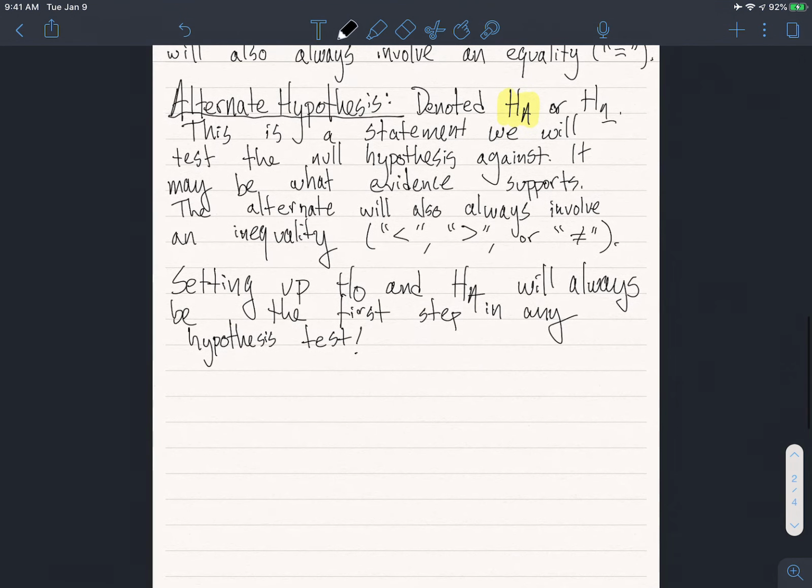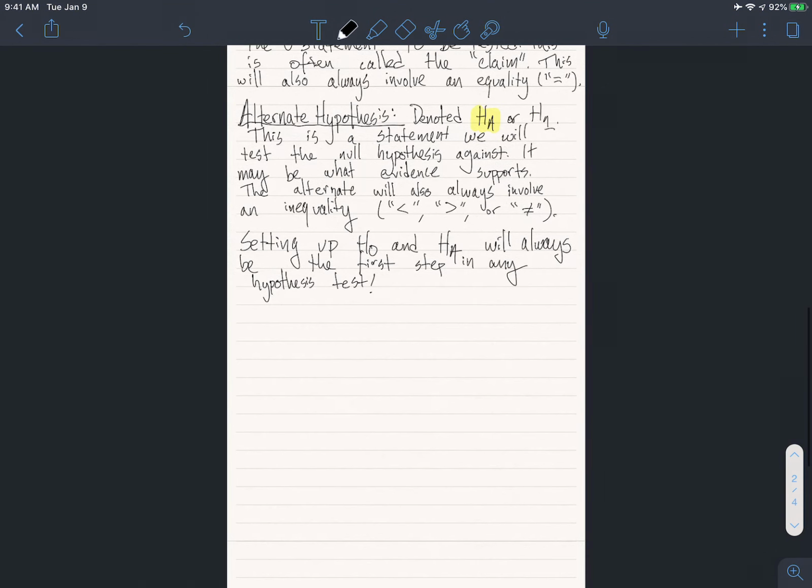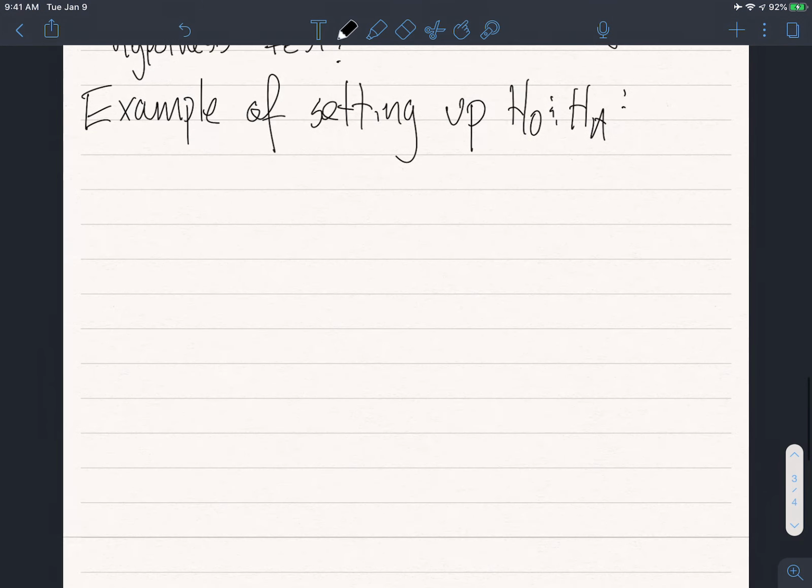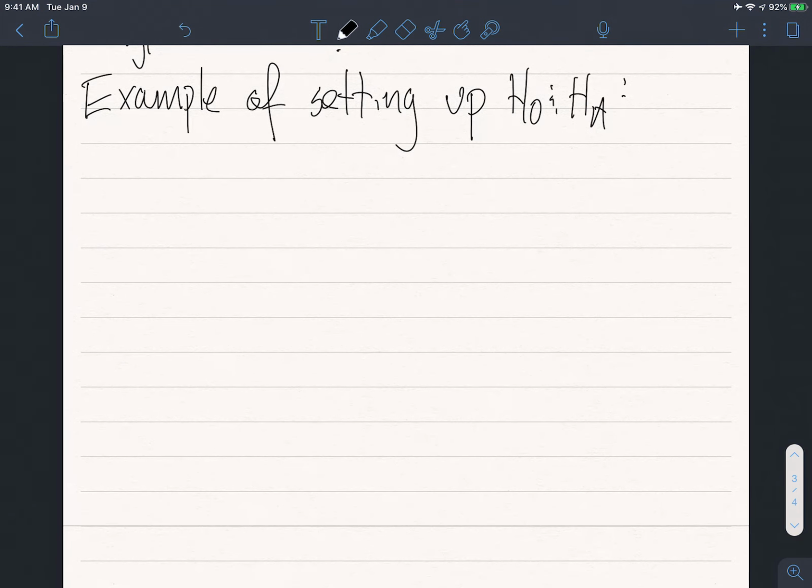All right, so let's do a quick example of setting up H0 and HA.